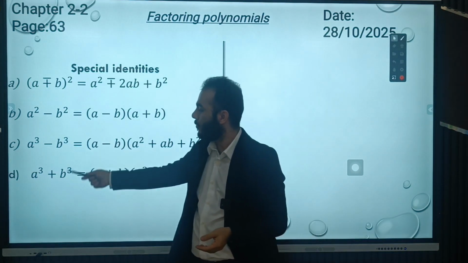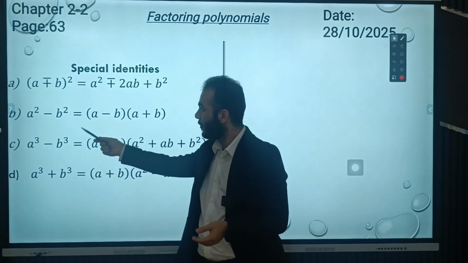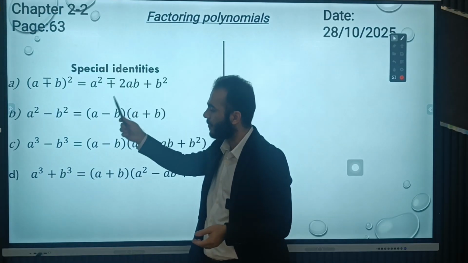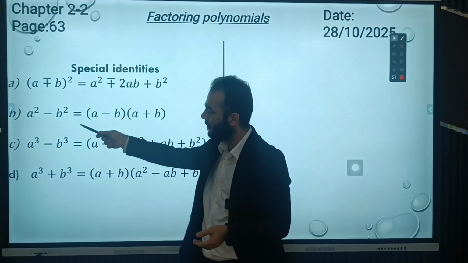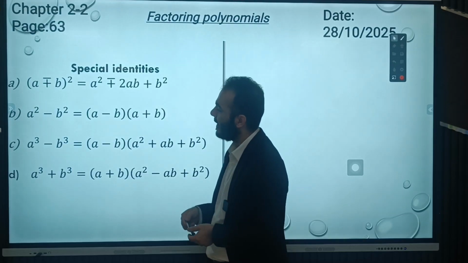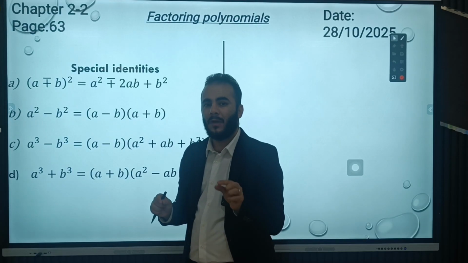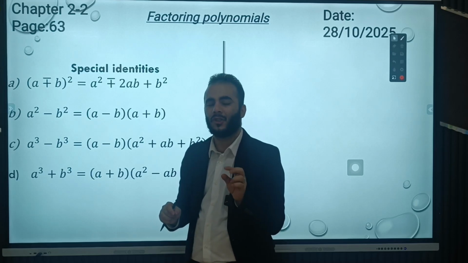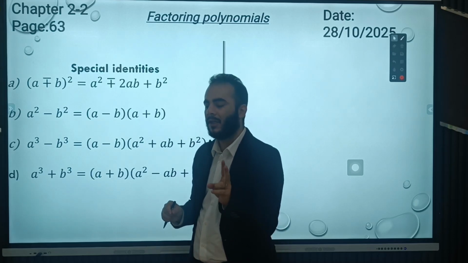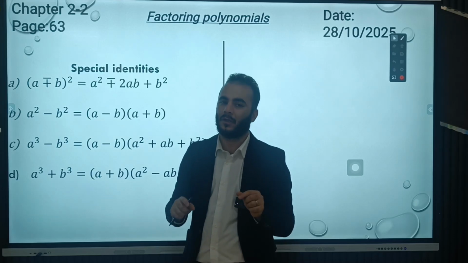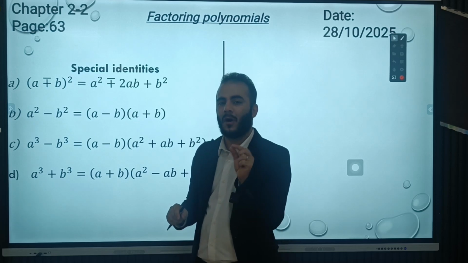For the cube ones, these two are new for you, because you already studied the other two in a previous grade, but this year you will study the difference and sum of two cubes. So always listen carefully. When we have the sum or difference of two cubed numbers, directly open two brackets, one small bracket and one big bracket.